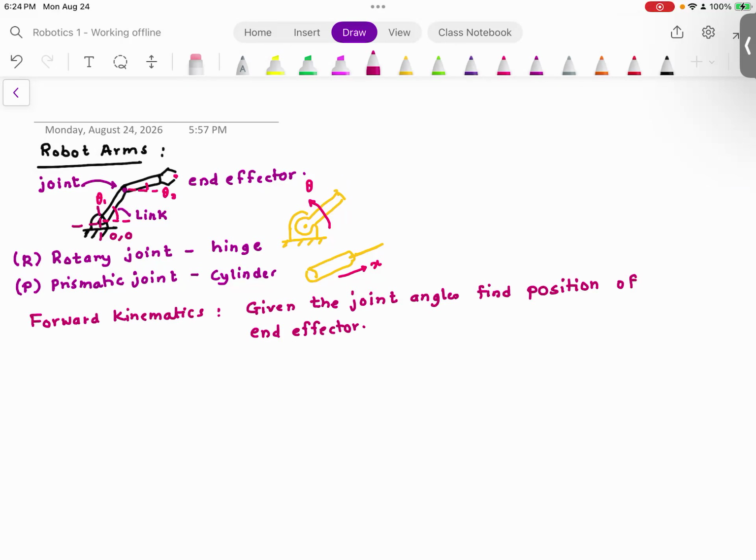First we are going to study what forward kinematics is. There is also inverse kinematics, which is: given the end effector position, find the joint angles.